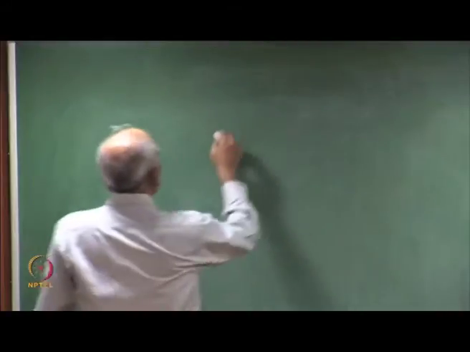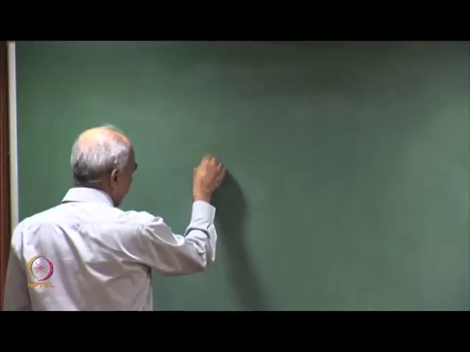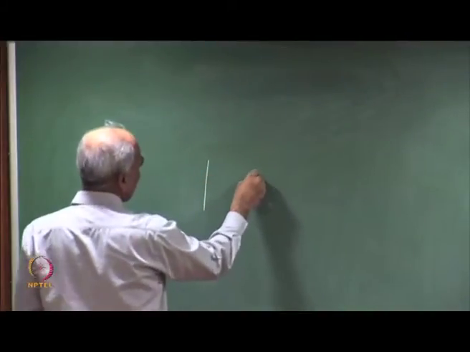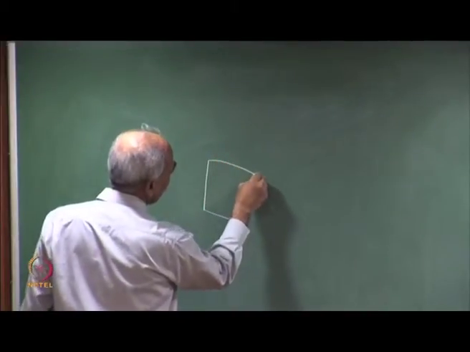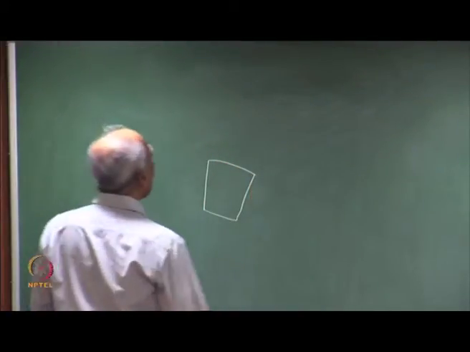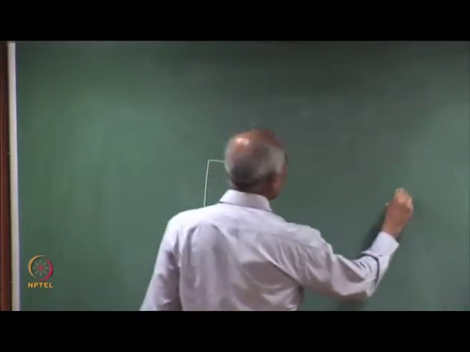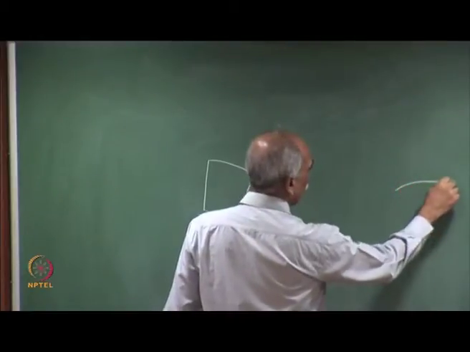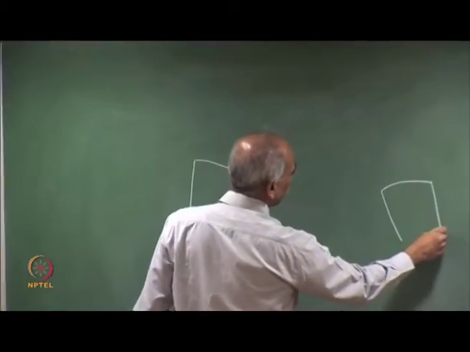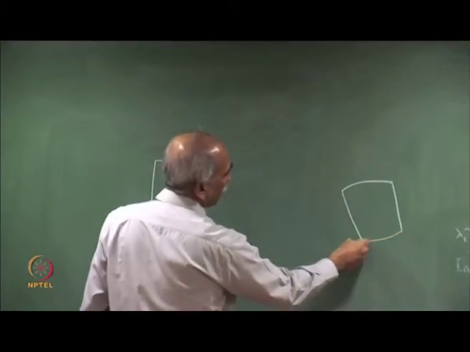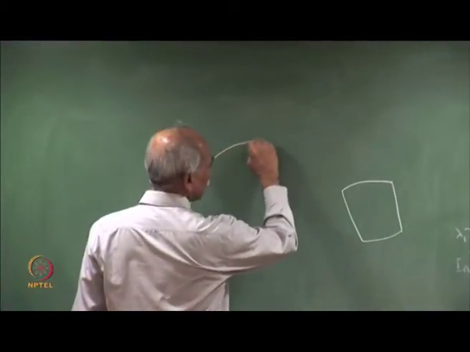So, here is the AWG. Let me start with the arrayed waveguides. There is an array of waveguides.